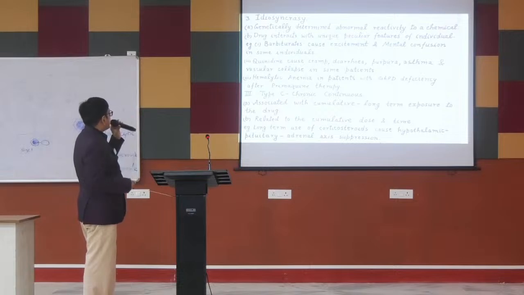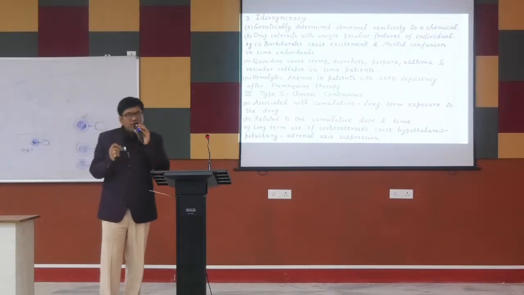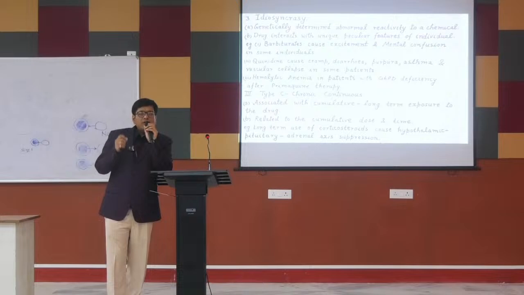So, you have to remember idiosyncrasy. The definition: it's a genetically determined abnormal reactivity to a chemical. So, there is some specific gene defect in a patient due to which it reacts very violently to a drug. There is a sudden extreme side effect that is absolutely unexpected in the general population.